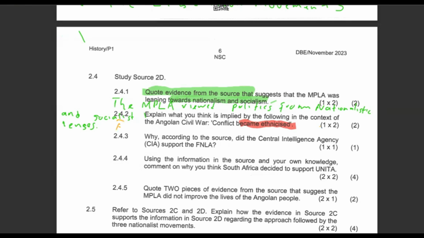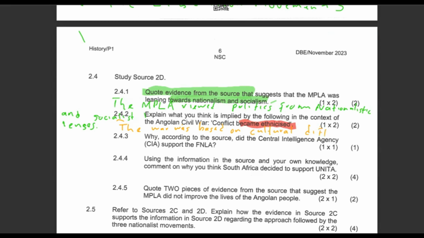So the war became based on cultural differences.